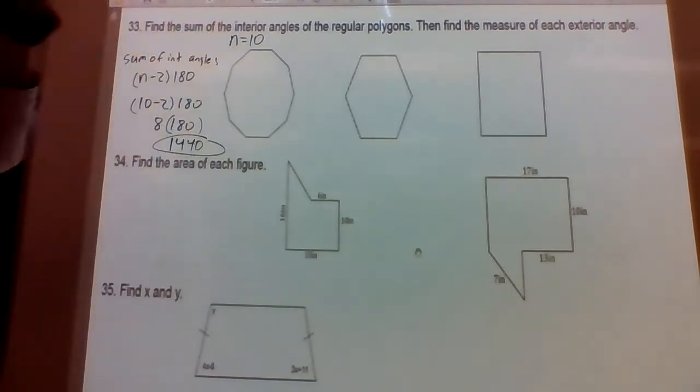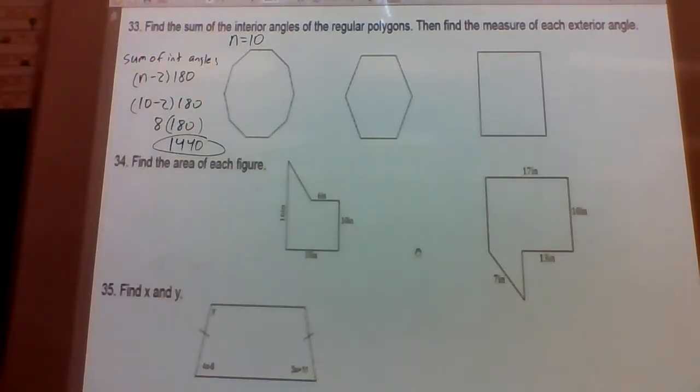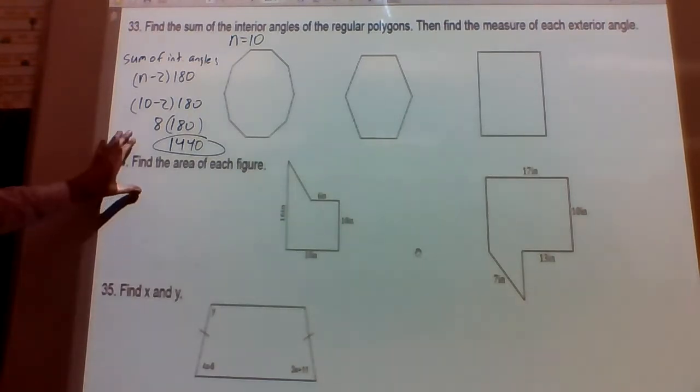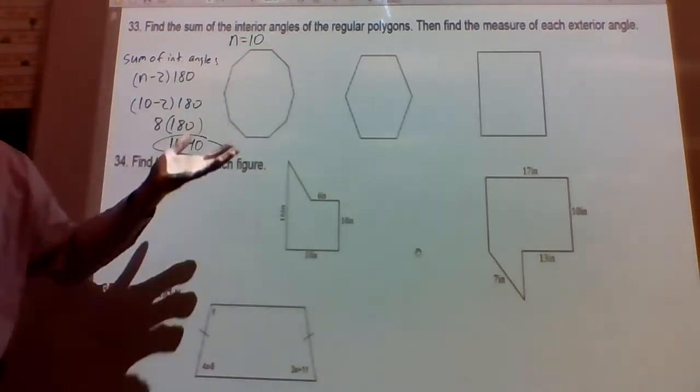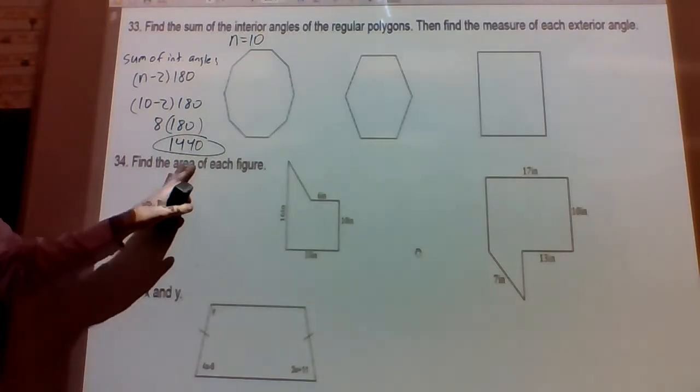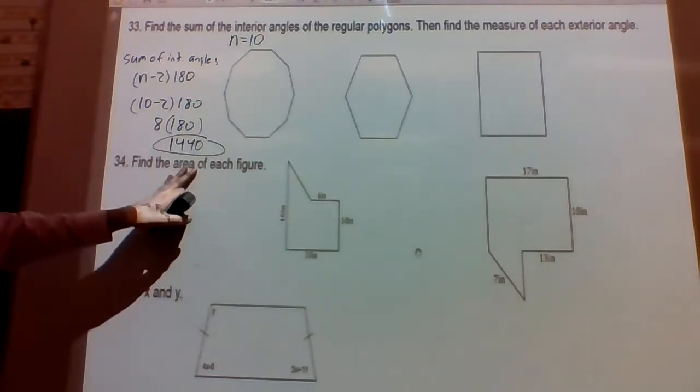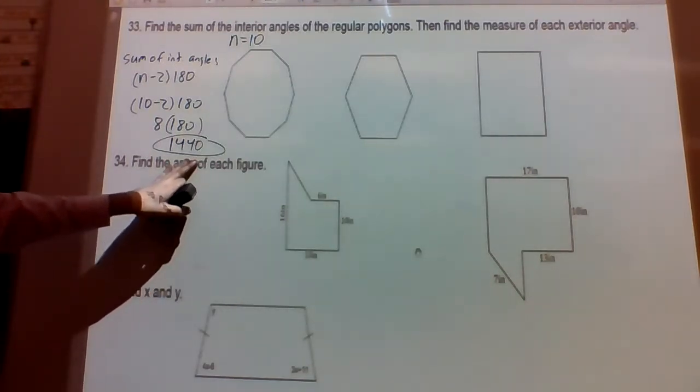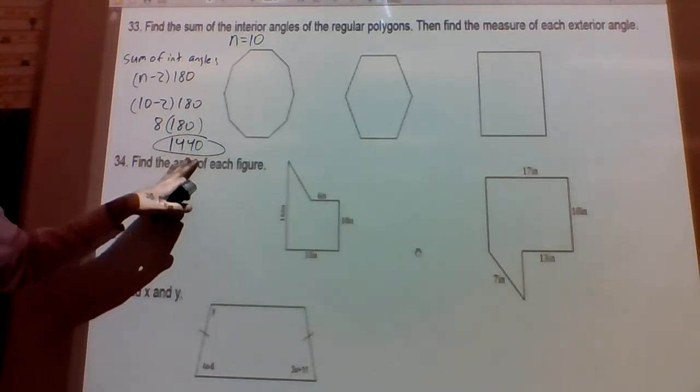Then it says find the measure of each exterior angle. Well, let's stick with interior first. It's asking us for the sum of the interior angles. Now, just hypothetically, let's say we wanted to find each interior angle. We would divide the sum of the interior angles by the number of interior angles.